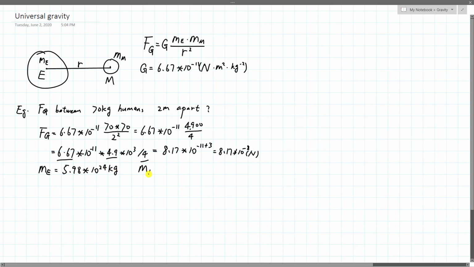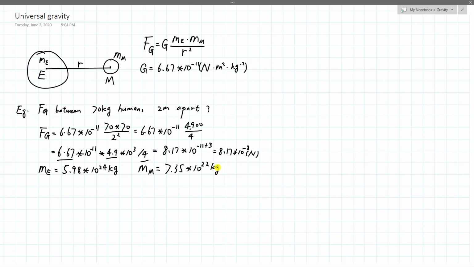And the mass of the Moon, I think it's about, let's see, 7 times 10 to the 22. Let me pause and pull out the number. Okay, yep, 7.35 times 10 to the 22nd power kilograms. Okay, so we have this.